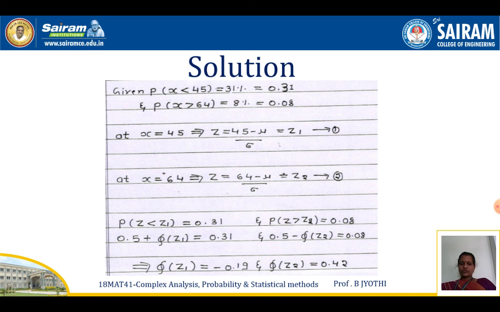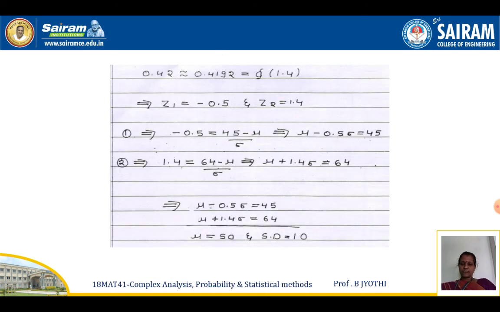So I explained how it has to be taken. Similarly, 0.19 also we need to take. So z1 is this, z2 is 1.4. So minus 0.5 is 45 minus mu by sigma, and 1.4 is 64 minus mu by sigma.